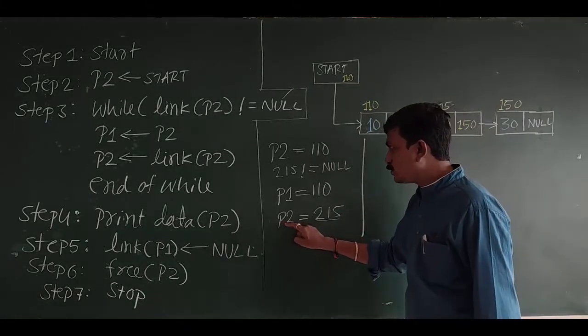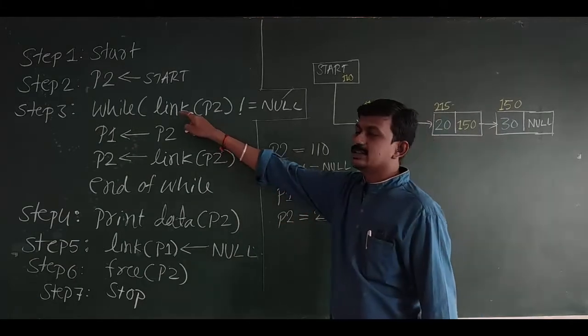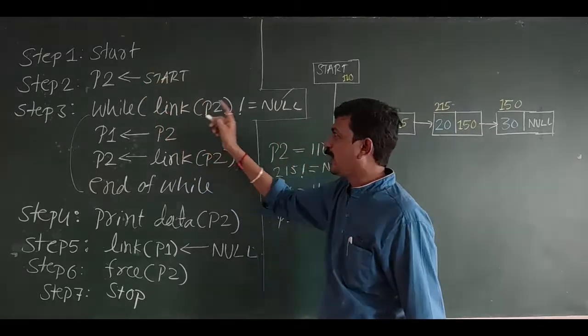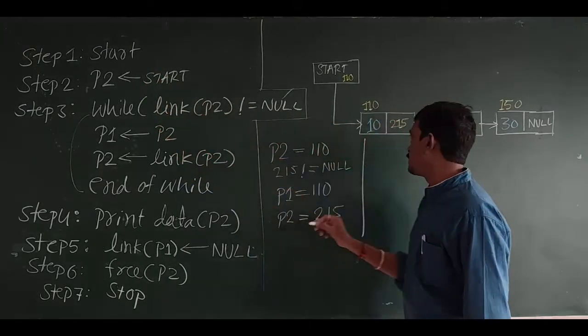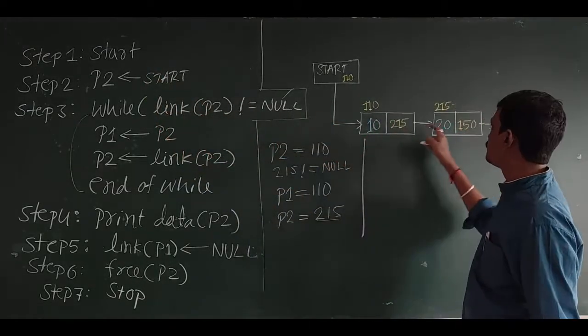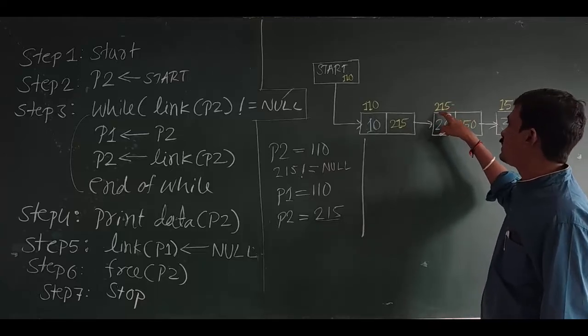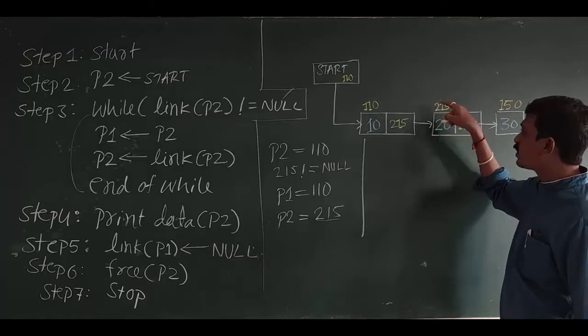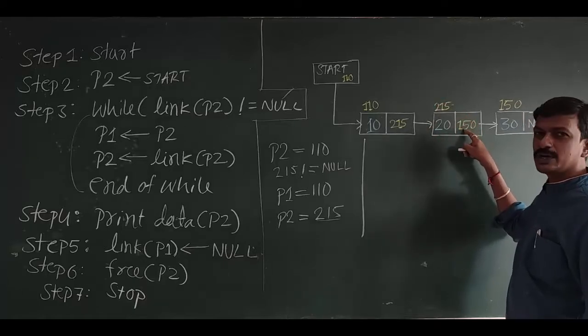Now, what is the P2 value? The P2 value is 215. Once again we begin with the link of P2. The link of P2 is 150.